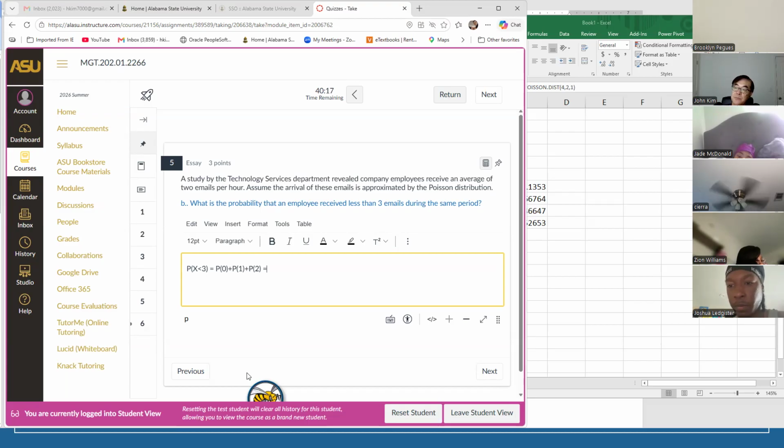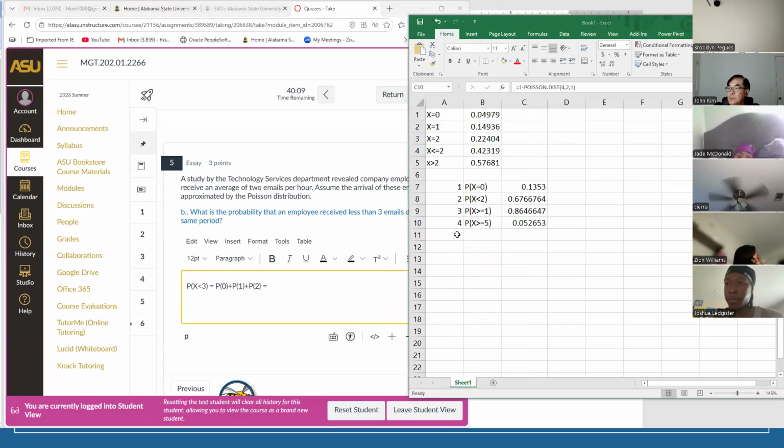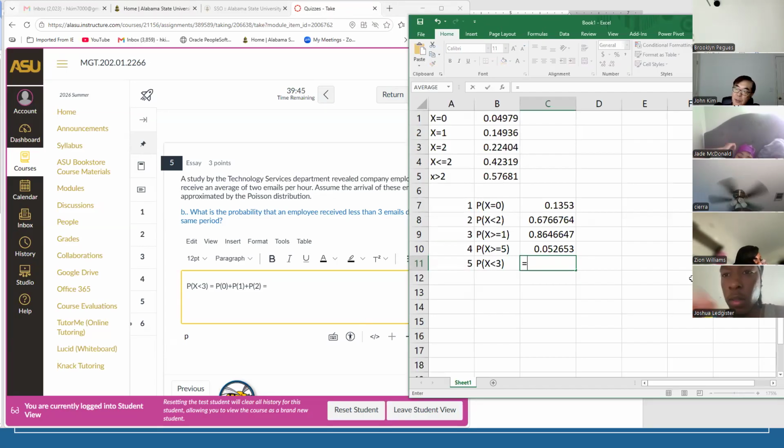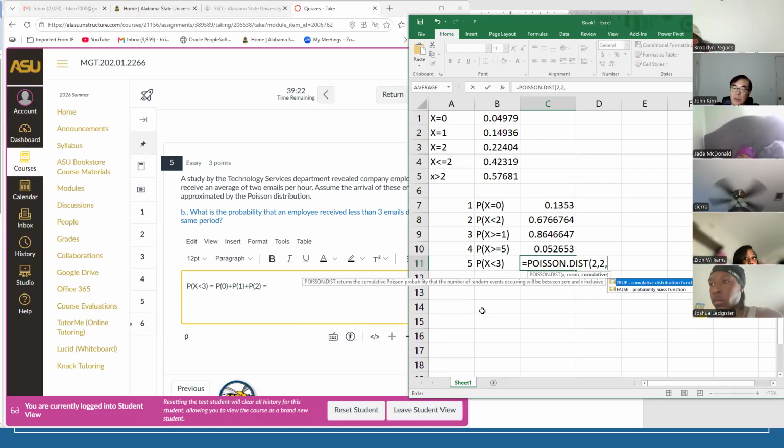So equals, then using Poisson distribution, question 5, P(X less than 3), make it bigger, equals Poisson distribution, X is 2, so add up to 2, and mu, the mean, is 2, then it is cumulative.